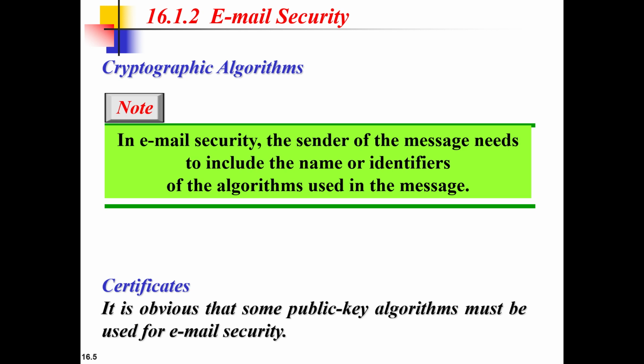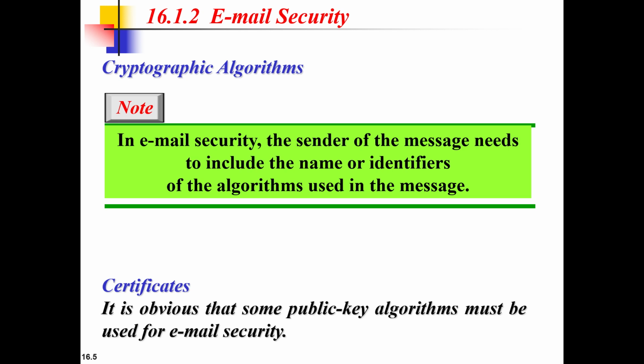So we will move to a better solution, which defines a set of algorithms for each operation that the user can use in his or her system. Alice can include the name, or the identifier, of the algorithm she has used in the email. For example, Alice can choose MD5 for hashing, or triple DES for the encryption or decryption purposes.